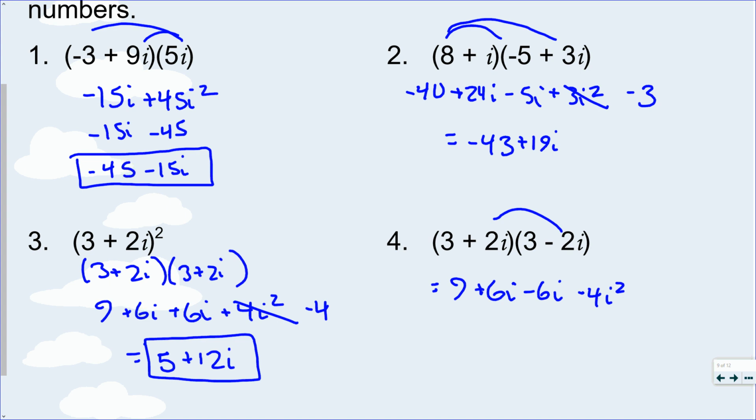The 6i and the minus 6i cancel out. The minus 4i squared, again, that i squared forces this to change sign. So that becomes a plus 4. Your answer is 13. A real 13. Not an imaginary number. But you get a real number.